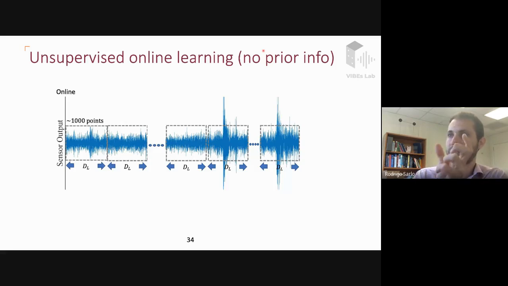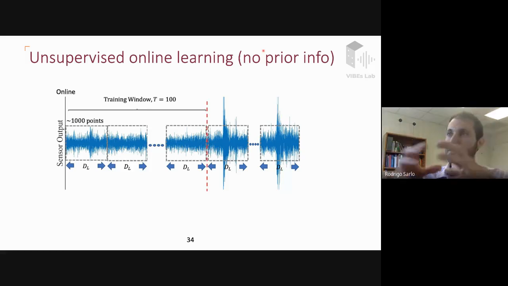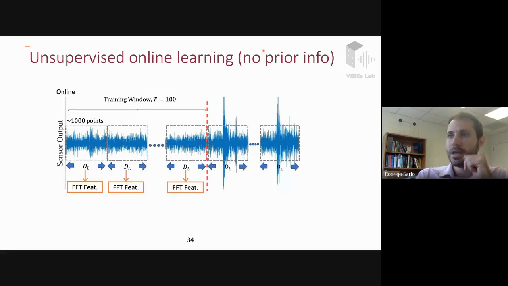That data stream gets split into segments of about 1,000 points, order of magnitude. Then those segments get grouped into a training window, which is on the order of 100 segments. The FFT feature gets calculated on these segments.